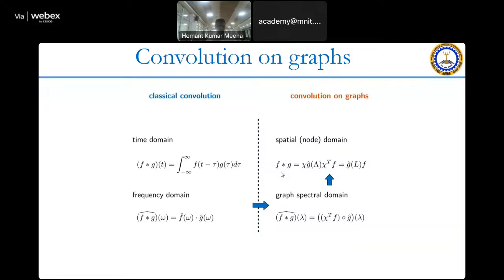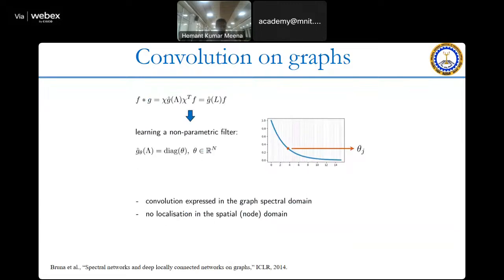So what is g here? G is represented in the form of eigenbases and eigenvalues. So it is g cap of L times f. In the graph spectral domain, this thing looks like this. Remember, these are proposed concepts. Don't think that these things have been derived, but people have presented these concepts.